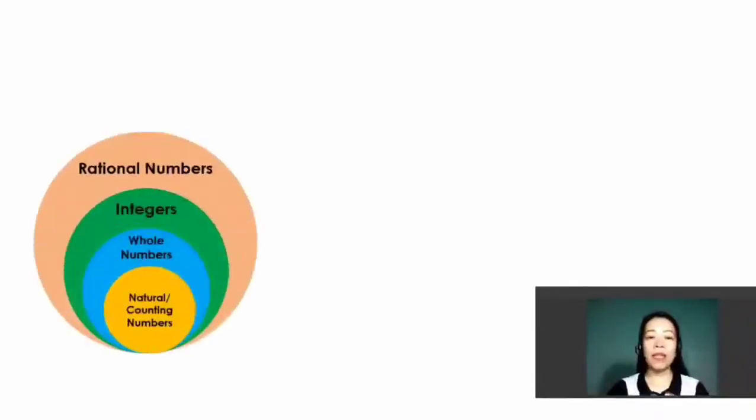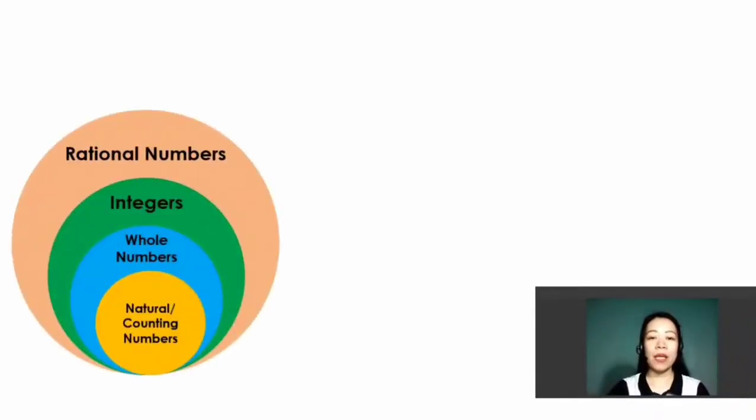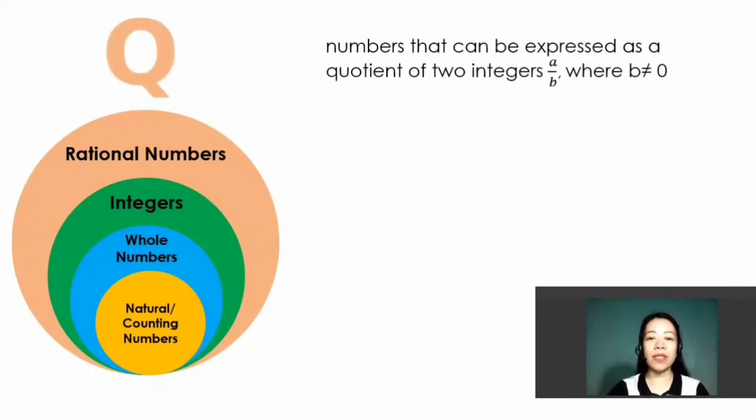The next classification of numbers are called rational numbers, which can be denoted using this symbol. Rational numbers are numbers that can be expressed as a quotient of two integers, a over b, where b is not equal to 0.